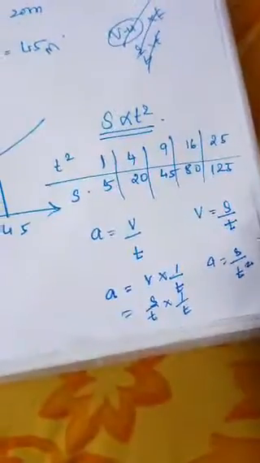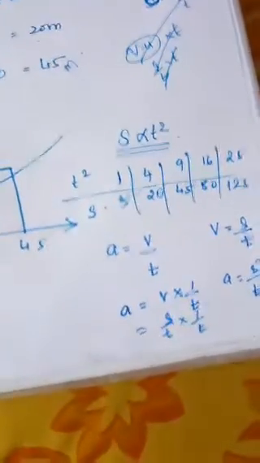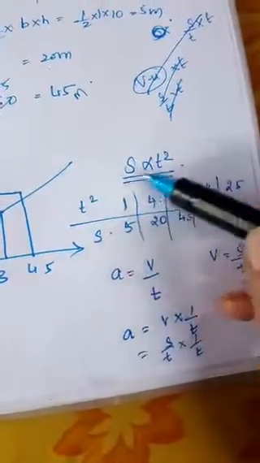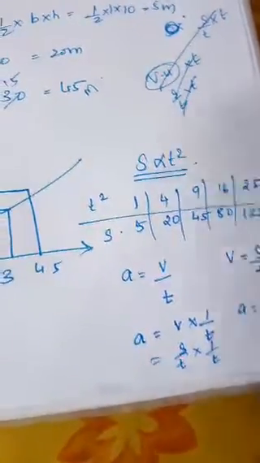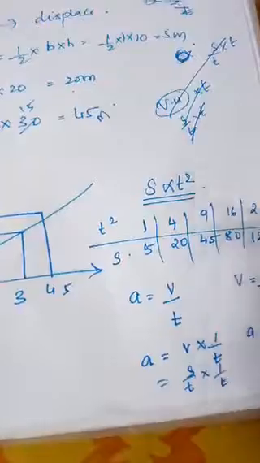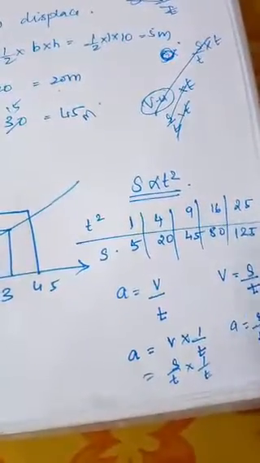So you can obtain the graph in this format only. That is why we are getting T square in the form of 1, 4, 9, 16. So it will be in square numbers, and this is in your displacement. Why? Because we are obtaining all these from your acceleration time graph. Therefore your T will be taking the position of T square.